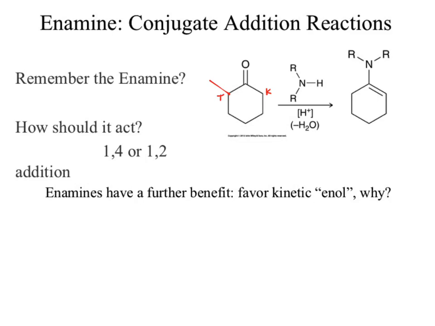Ethoxide is a strong base, not stupidly strong, so the enolate is the thermodynamic enolate. When we form the enamine, if I did the exact same reaction with ethoxide, where does it deprotonate?